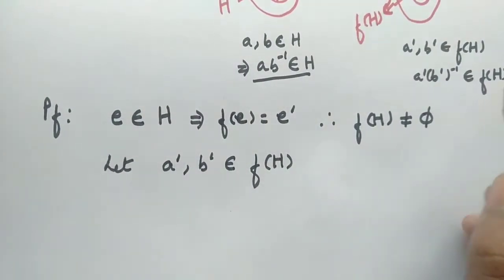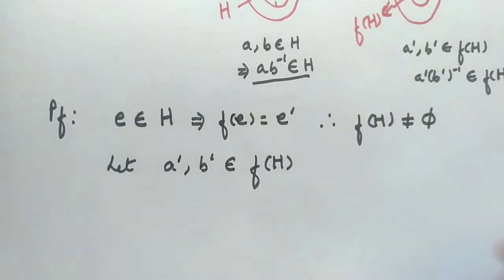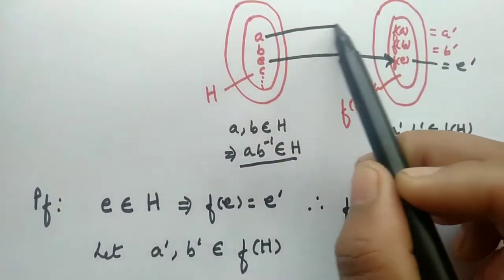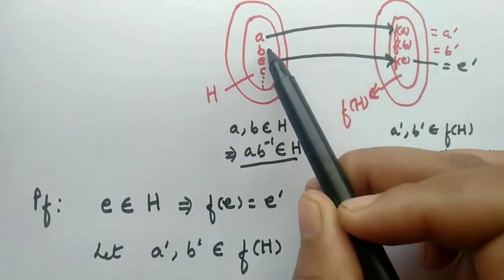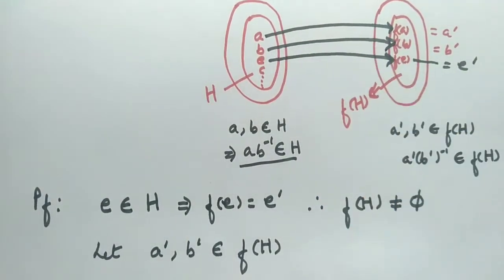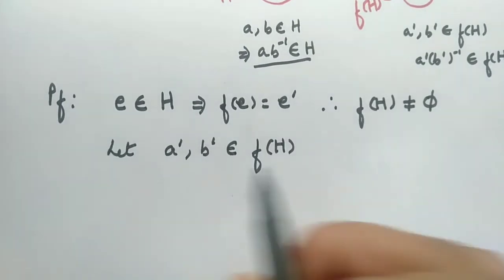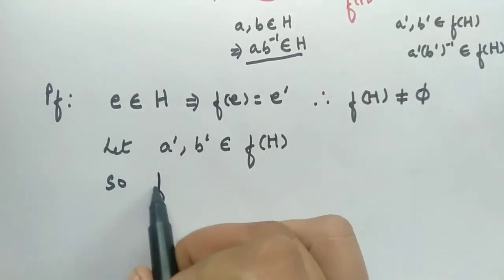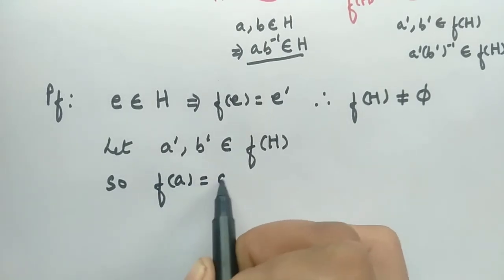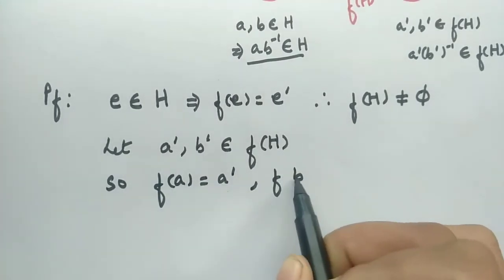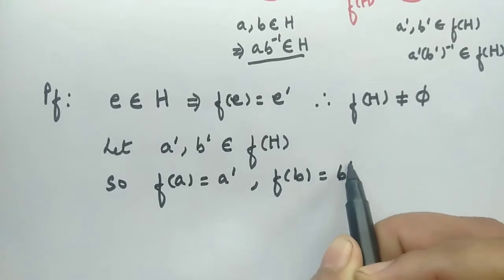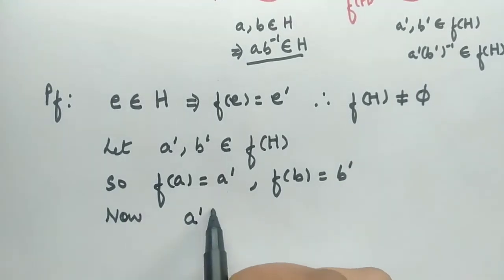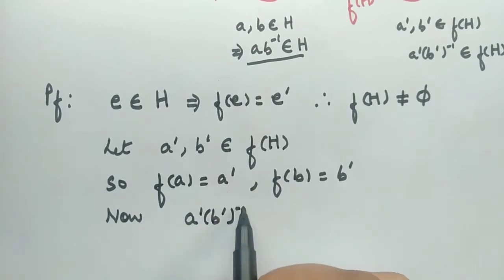Now if a prime, b prime belong to f(H), it means that the image of a is f(a) and that of b is f(b). So the image of a is a prime and that of b is b prime.